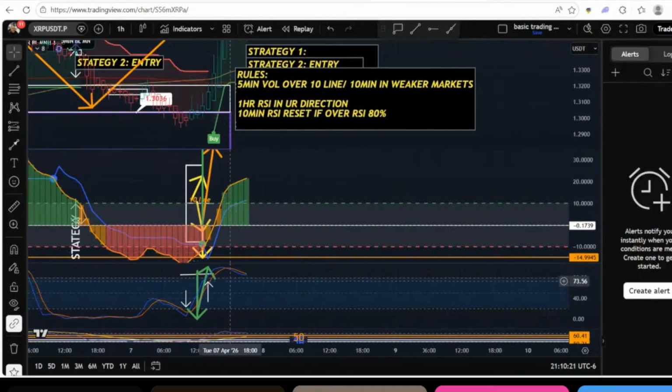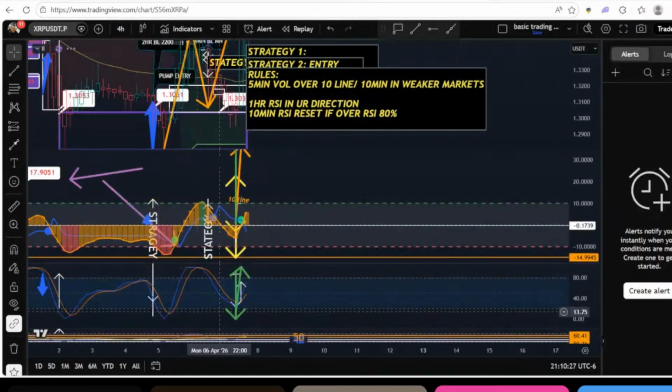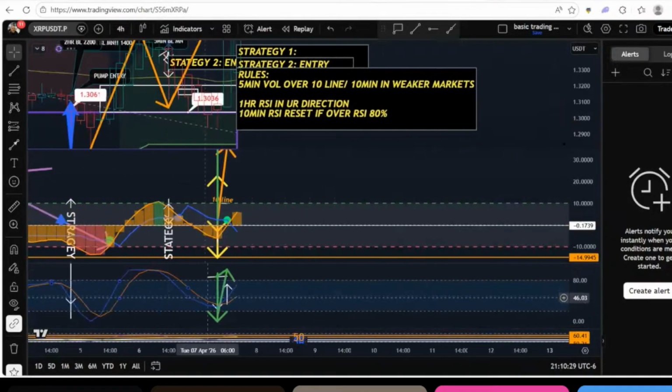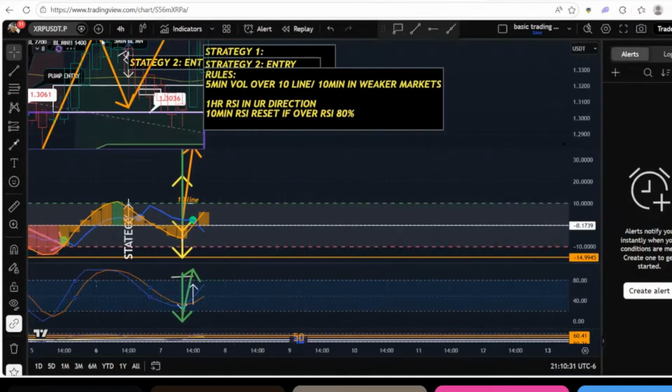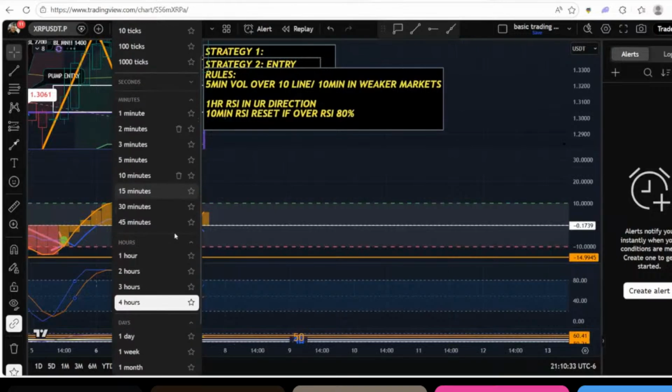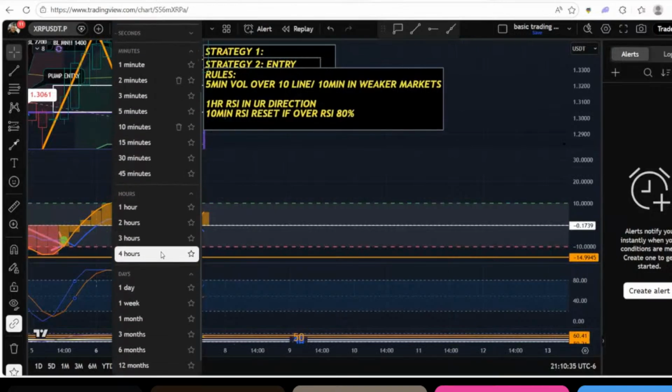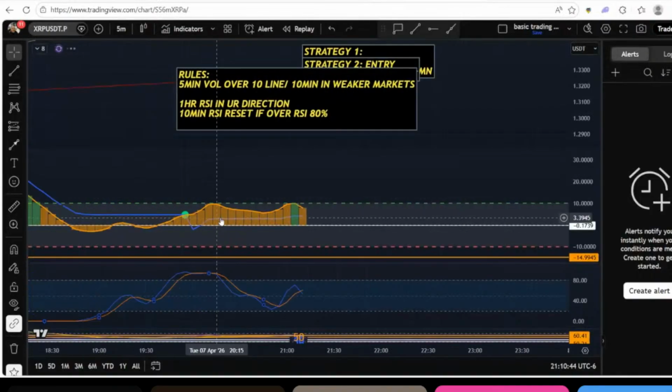My 1 hour is creeping down, going sideways, but it's not up. It hasn't crossed over. If I go to my 4 hour, I have where the volume is pushing up, but remember that it's a weaker market, so the momentum on the smaller time frames will move more than it should than in a stronger market.